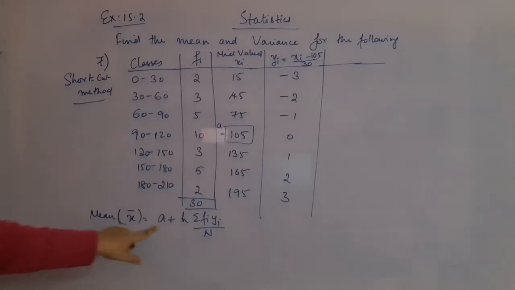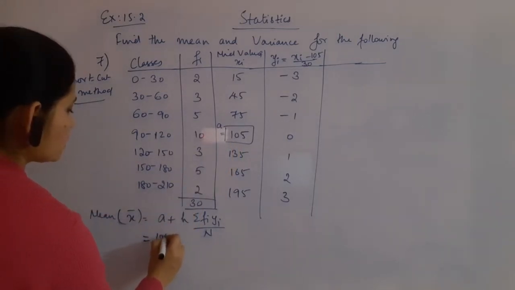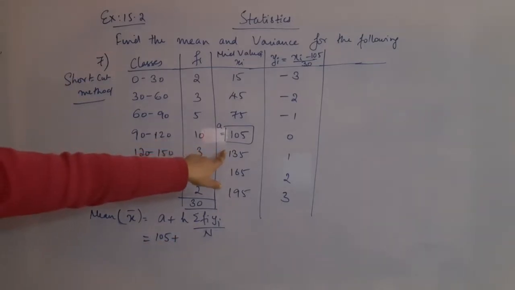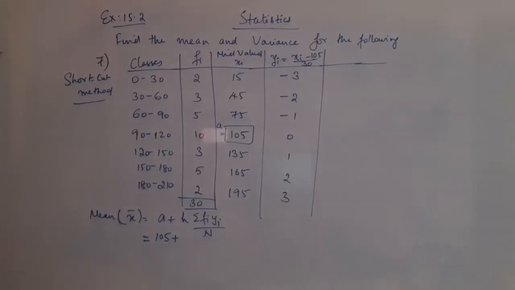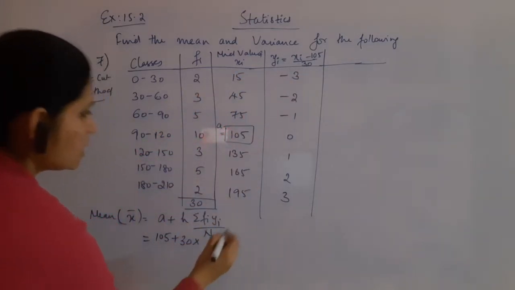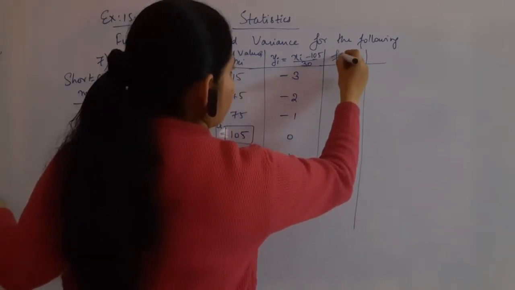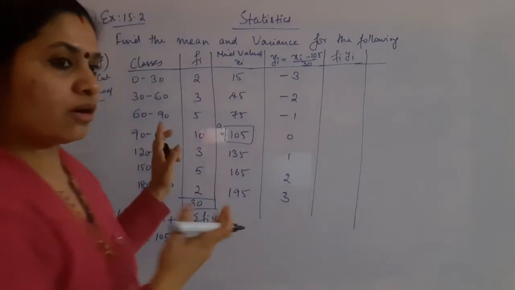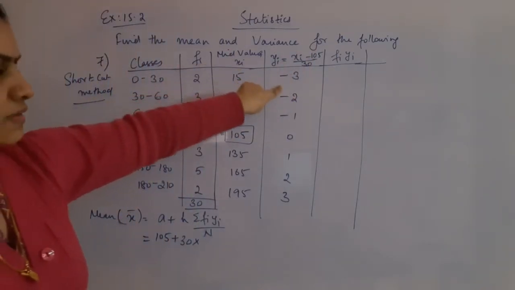Now you have to replace a, which is your assumed mean that you have taken here, then h, again it is 30, the class size you have taken. So it is 30 into sigma fi yi. So one column will be fi yi. This is fi, this is yi.